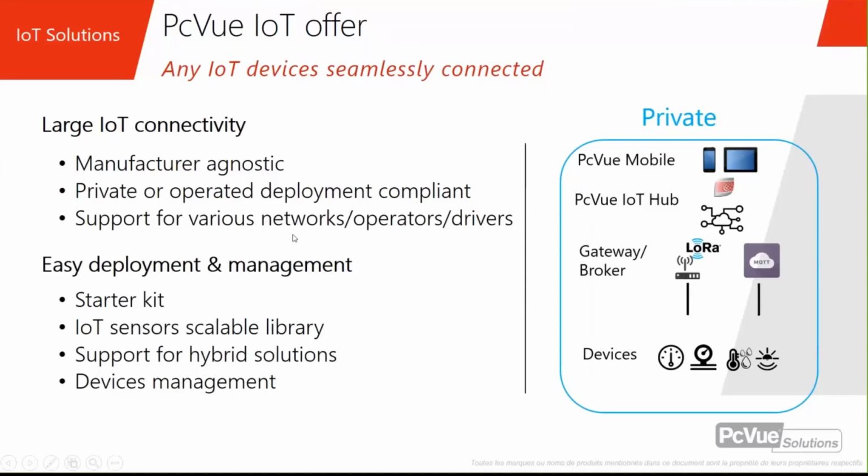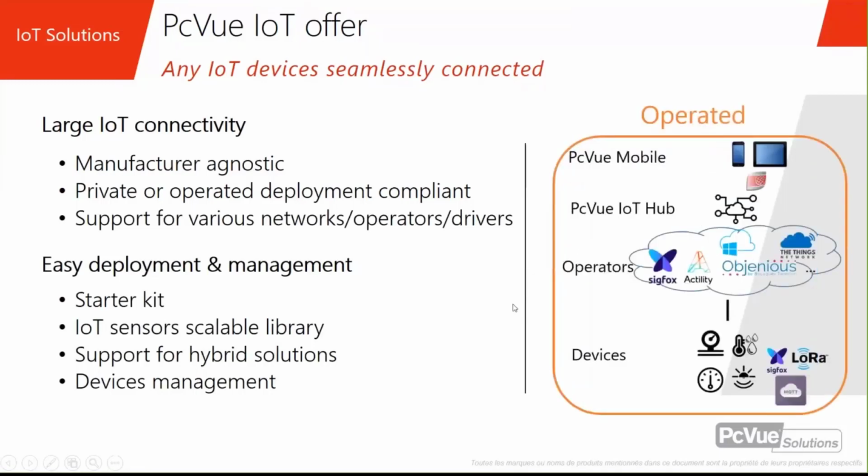And then we also support operated networks with many operators. Here you have a few of them, Sigfox and so on. And all of that is made to facilitate the deployment and the management with the starter kit and scalable library.